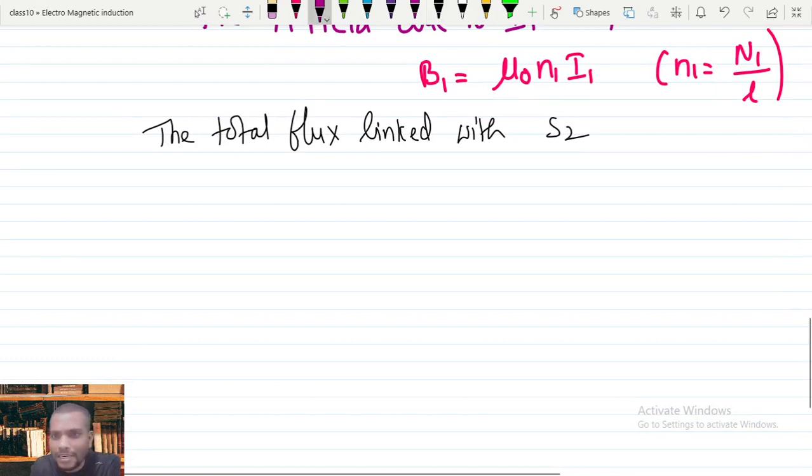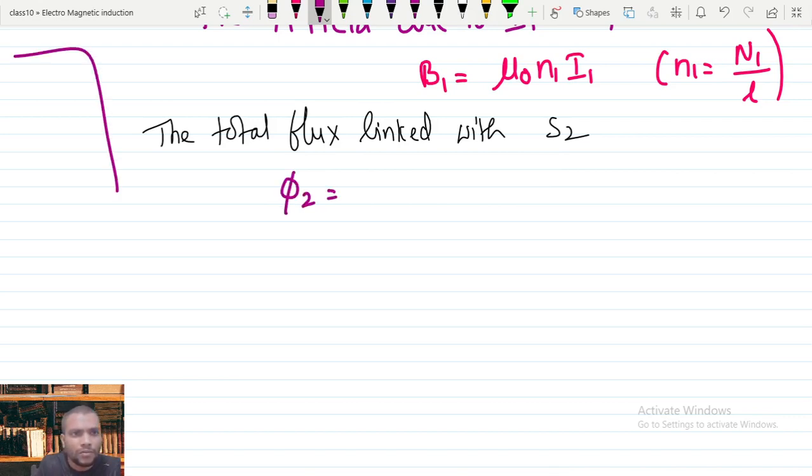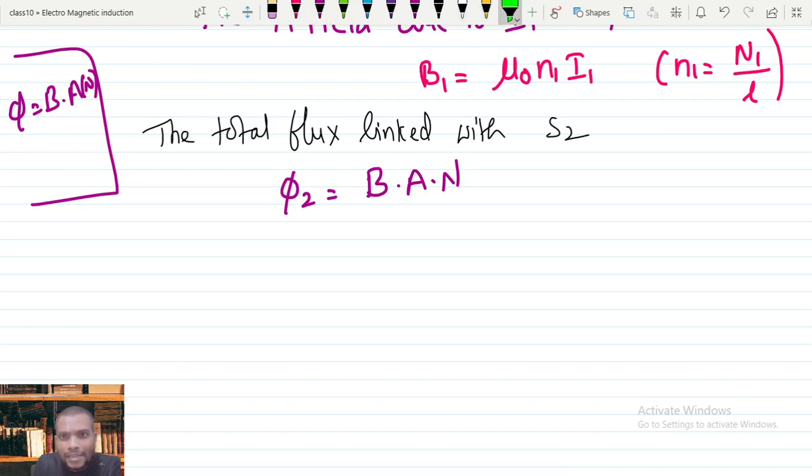So the total flux linked with S2, the flux phi 2 equal to, so we know the flux formula, flux phi equal to B dot A, and if the coil has a number of turns, I can add that: B dot A times N. Now I want to find the flux due to S2.